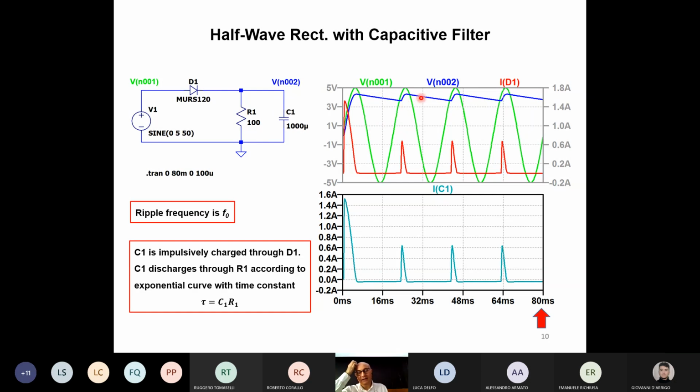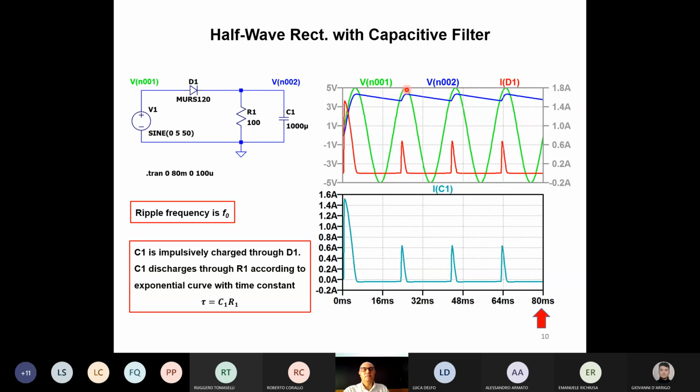You see this? What happens here? Here, the capacitor has discharged a bit. When the input voltage is higher than 0.7 volts above the actual voltage on the capacitor, the diode opens, conducts again, and so we have this peak current here that is going to recharge the capacitor and bring the voltage on the capacitor up to the peak again.